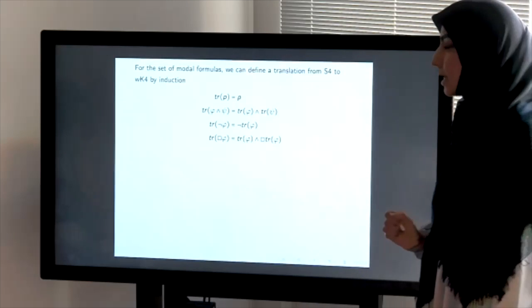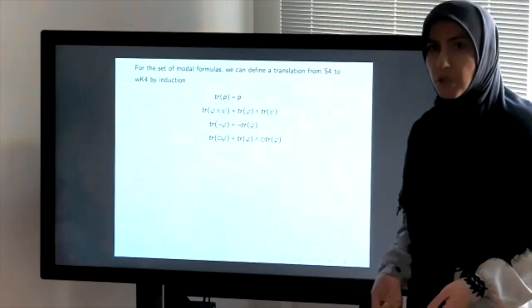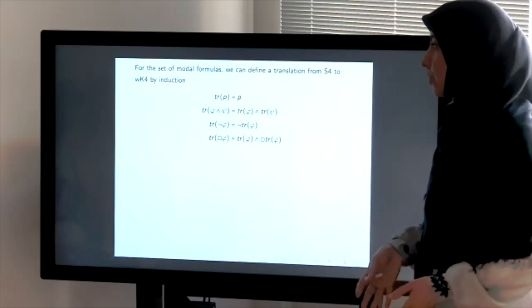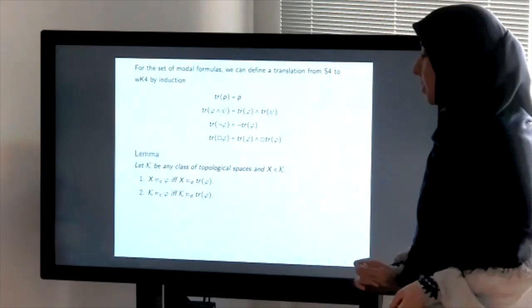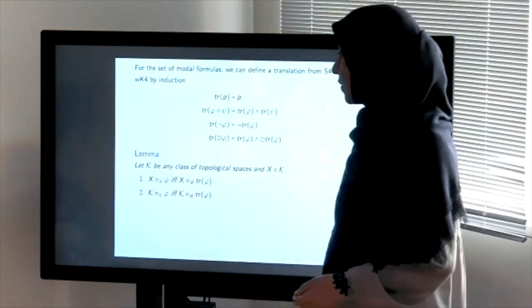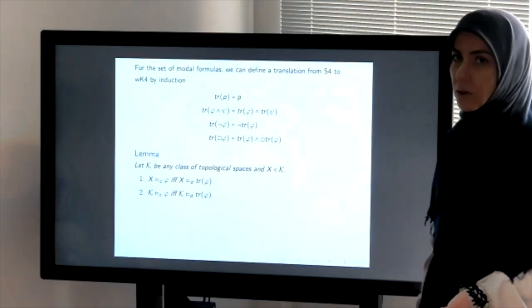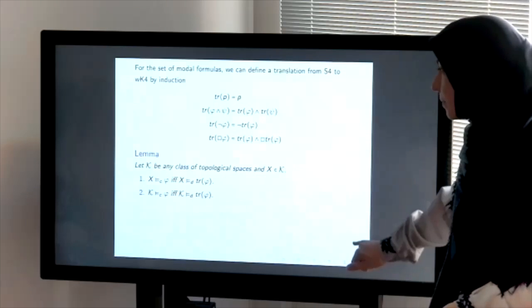And we saw that we can have a translation from modal formula to modal formula in a way that we can have this lemma which says that a formula phi is c-valid in x if and only if its translation is d-valid in x.